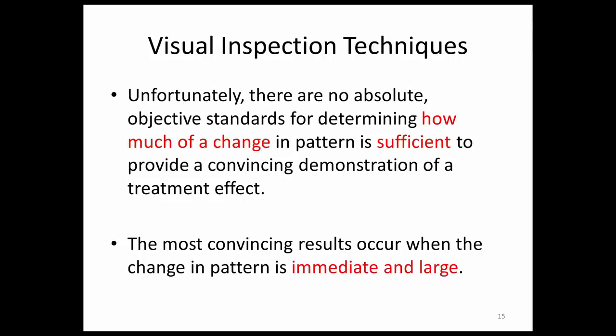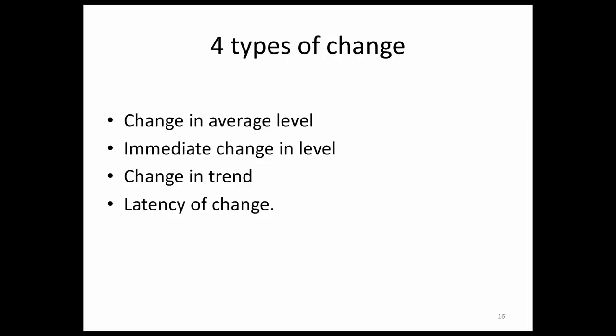So basically you can tell if a treatment is effective if you see an immediate and large change according to the graph. And this change could be in 4 different ways. Could be a change in average level, it could be an immediate change in level, it could be a change in a trend, and it could be a latency of change.